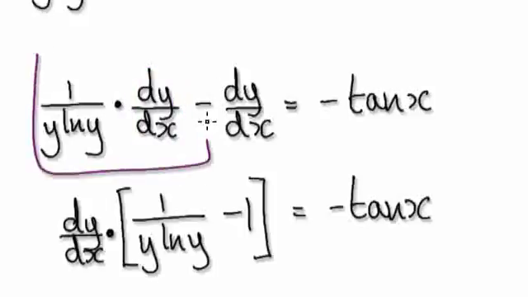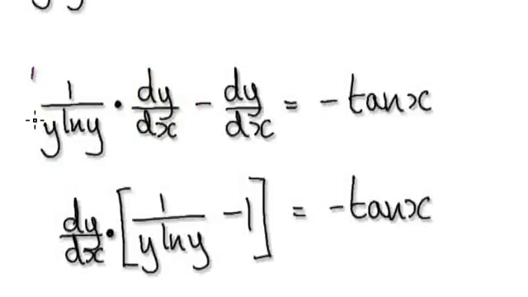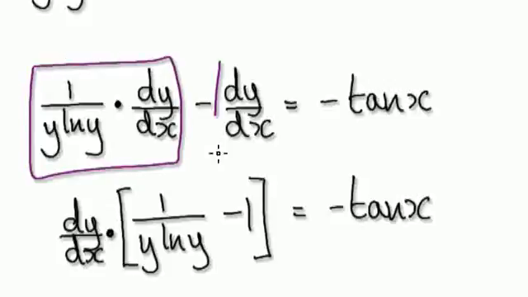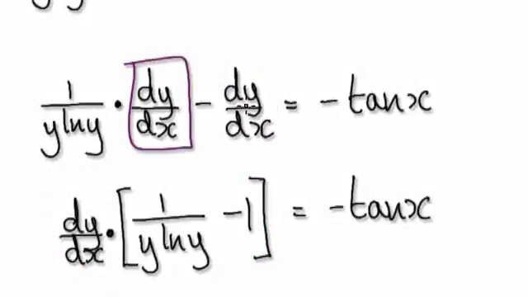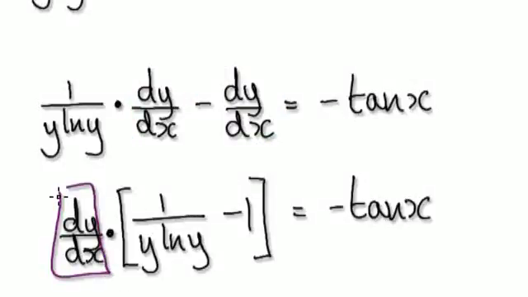At the moment you've got one block, and then you've got another block. So factorize the dy by dx. That will then give you this. Okay. So now you've isolated the dy by dx. And then now divide. So at the moment you've got this times this block here.